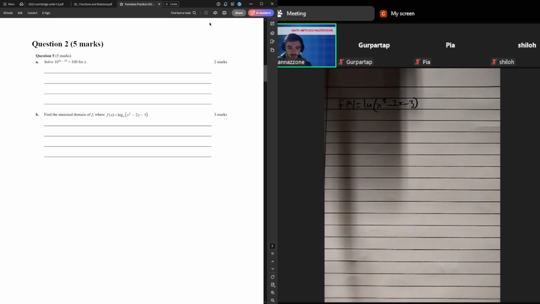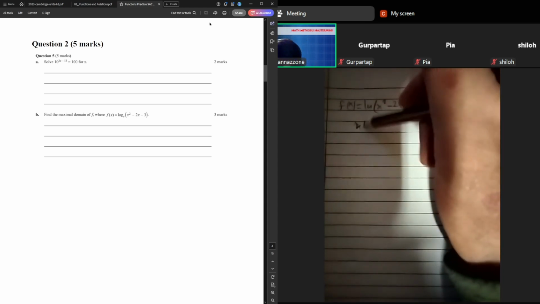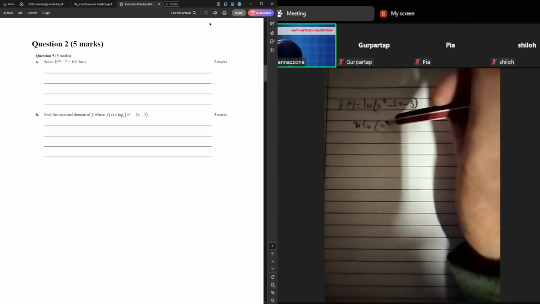So whenever you see the words maximal domain, it's basically saying, what are all the possible x values that could fit into this function? Now, it doesn't look like a standard function. It's natural log of a quadratic, a bit odd. My recommendation for when they do weird things like this, when it is a bit confusing, is just simplify the whole process and say, okay, well, what is the basic version of this?